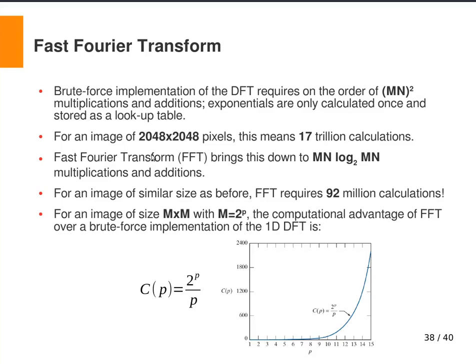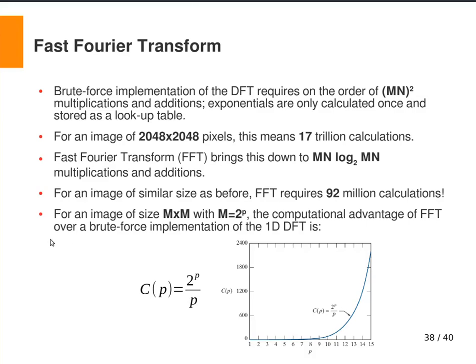So for an image of size 2048 by 2048, performing a fast Fourier transform algorithm requires only 92 million calculations, which is several orders of magnitude smaller than a brute force implementation of the discrete Fourier transform.